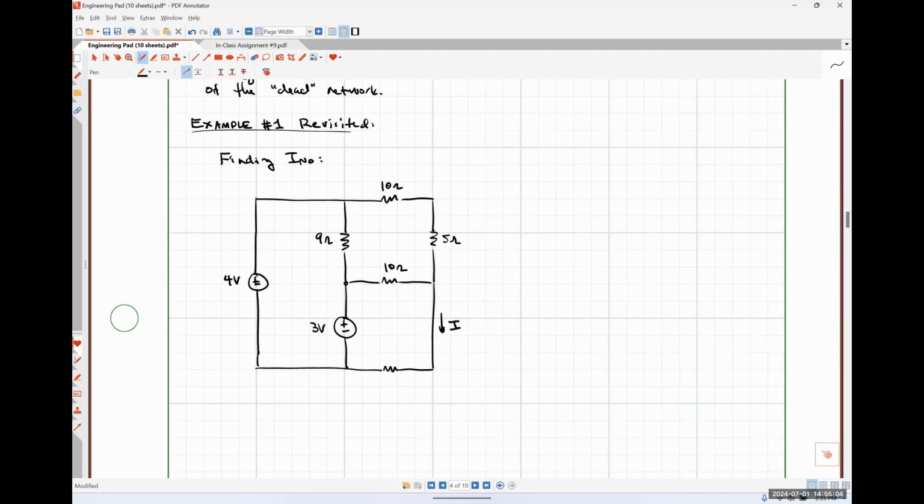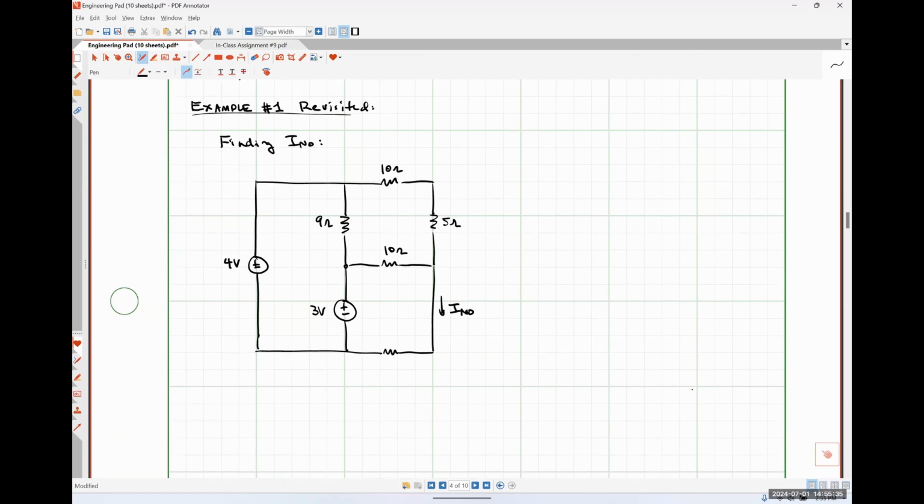And I'm going to choose to put my Norton current as flowing down. So realistically, I want to make sure that my Norton current is flowing into where the positive polarity terminal of my Thevenin voltage was. Otherwise, I might accidentally wind up with a negative resistance, which literally just means I got the direction wrong or the polarity of the voltage wrong. Doesn't really mean anything, but I'm going to try to make sure that doesn't happen.